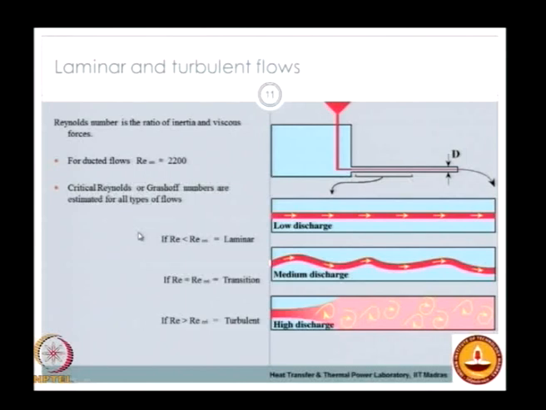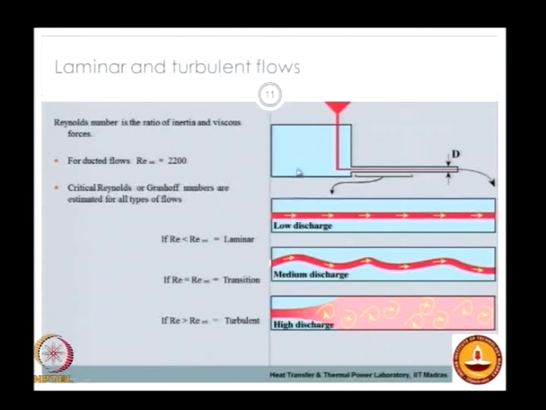Now the other important classification is based on the flow. If you are looking at forced convection, then the characteristic dimensionless number is the Reynolds number, and for internal flows, where you have flow through ducts or channels, the critical Reynolds number is around 2200. If your Reynolds number is less than the critical value, typically you find a very orderly behavior of flow in a streamlined pattern.